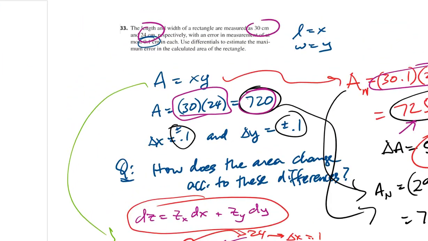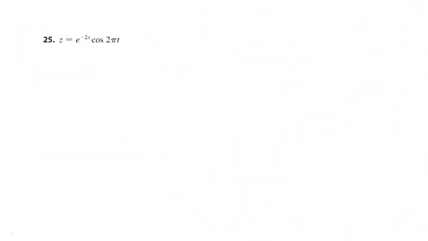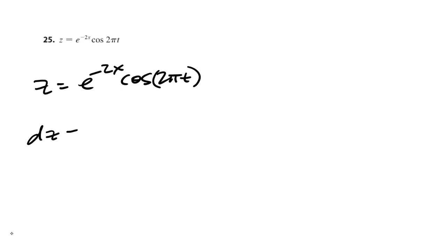All right. So let's try another one. All right. So here we go. It says z, let me do black. z equals e to the negative 2x cosine of 2 pi t. So that's 2 pi t like that. All right, so our differential formula is dz equals z sub x times dx plus z sub y.